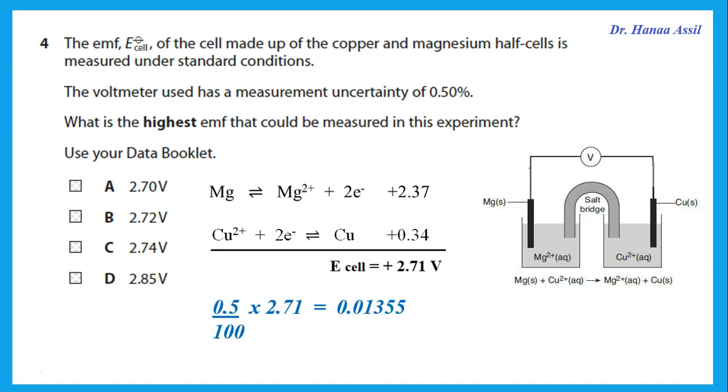He wants the highest, so the highest would be 0.5% of the 2.71, and you're going to add that to the 2.71, so the highest value, due to the uncertainty, could be 2.72 volts.